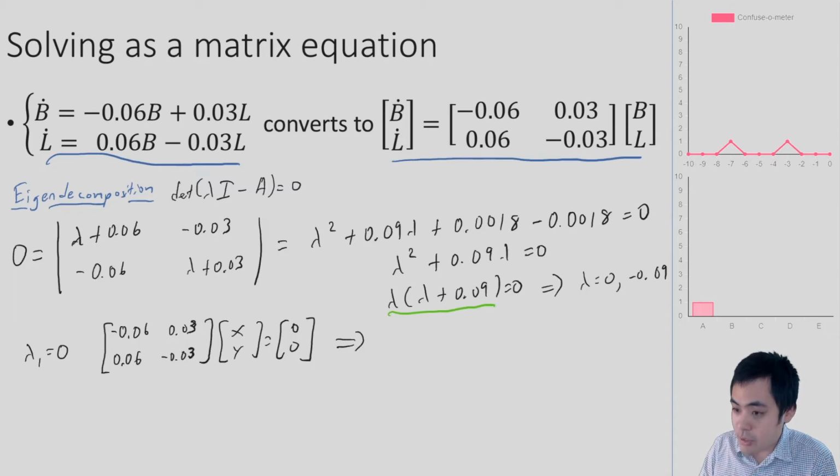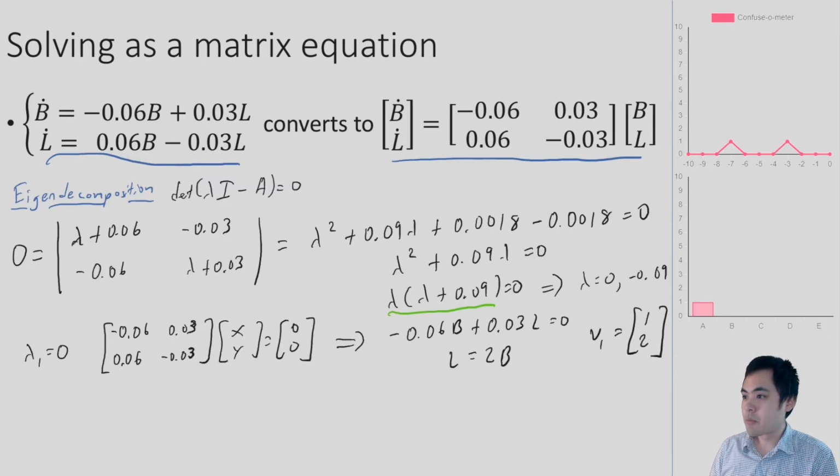When you solve this, you get minus 0.06b plus 0.03L equals 0, and so L is equal to 2b, and V1 is equal to 1, 2. I'm doing this a little bit fast, but basically I'm solving for eigenvectors in the same way as I did on the previous example.